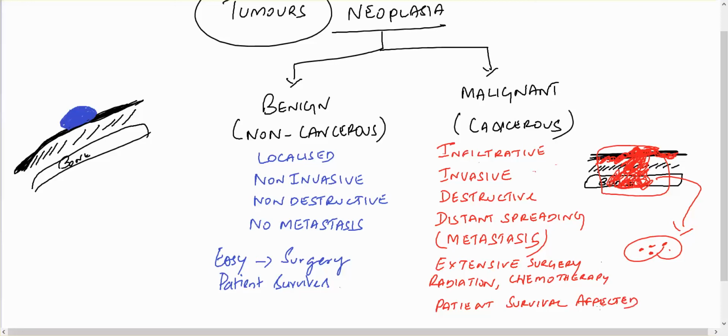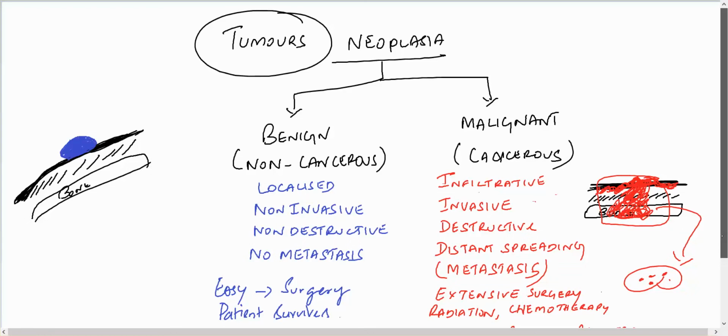So this is the thing we see in the malignant tumors. Okay, so this is a basic introduction about benign and malignant tumors.